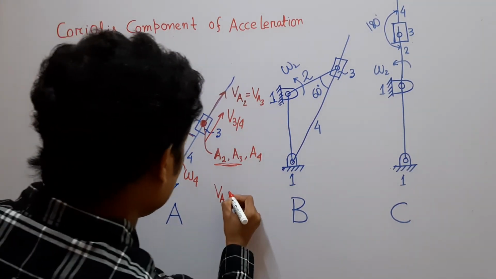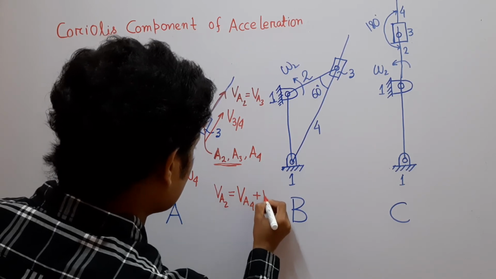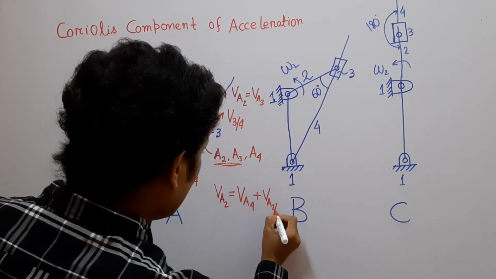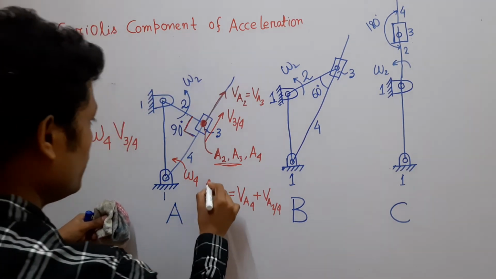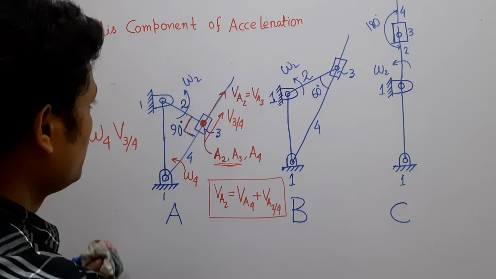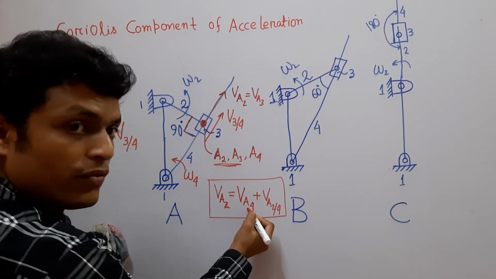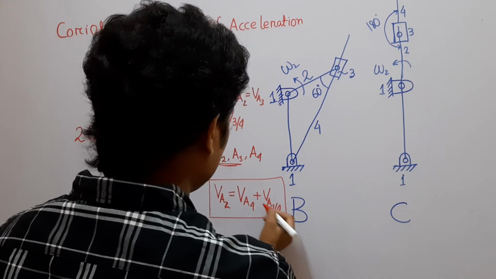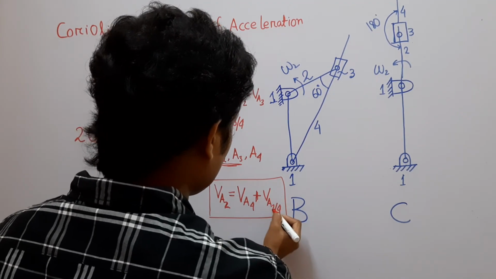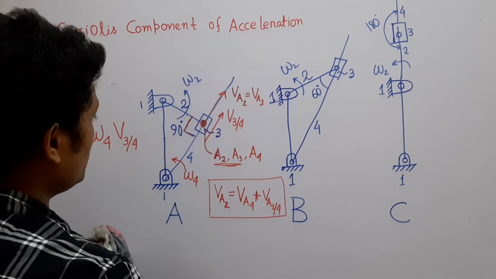Now VA2 is equal to what? VA4 plus VA2 by 4. This is from velocity analysis. Velocity of link 2 at point A is equal to velocity of link 4 at point A plus relative velocity of 2 with respect to 4 at point A. So VA2 is along this direction.